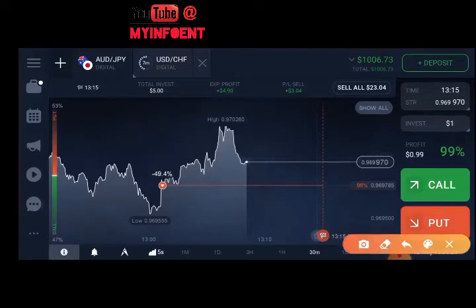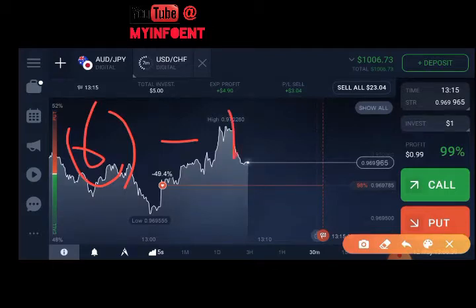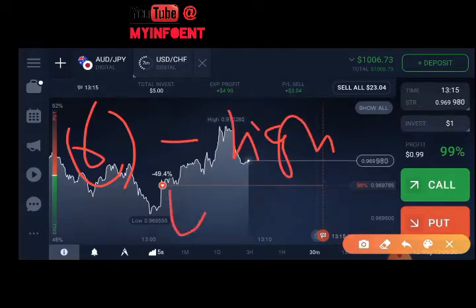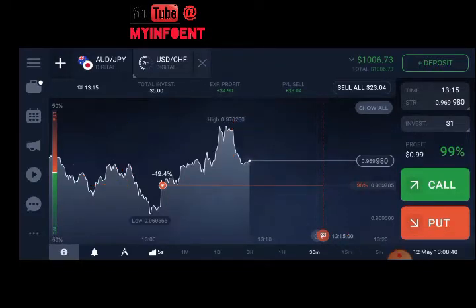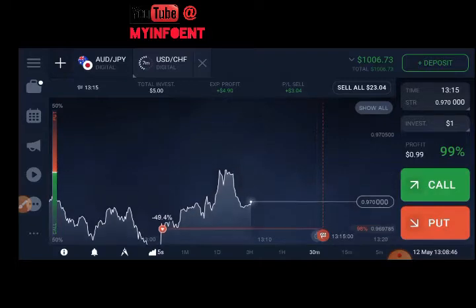Then number 6, stake high at high probability and low at low probability. When the probability that the market will enter is high, you stake high. Maybe you can stake up to 10%.